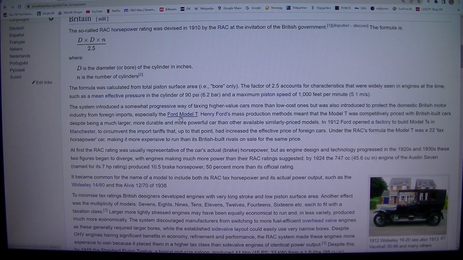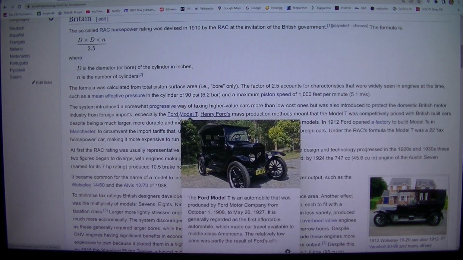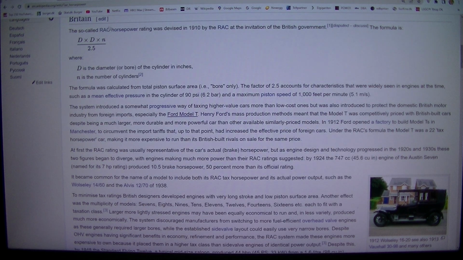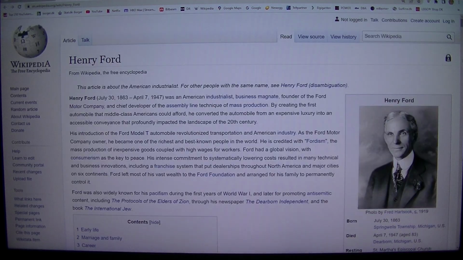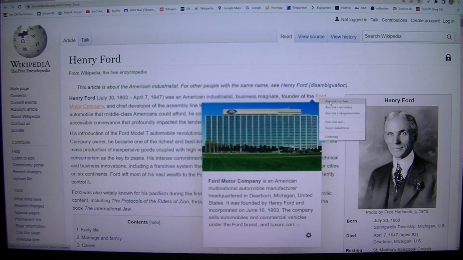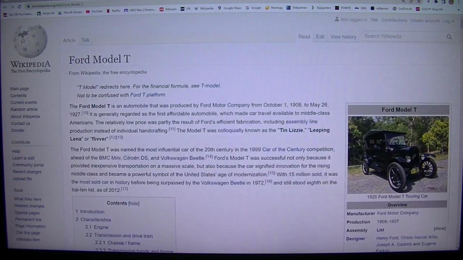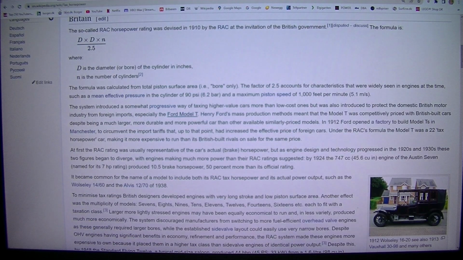Yes, that was the Model T, Henry Ford of course, and Model T. Of course you should read about Ford, then Henry Ford, then the Model T. Ford Motor Company. I have that, but of course read about Ford Motor, Henry Ford, but not right now.